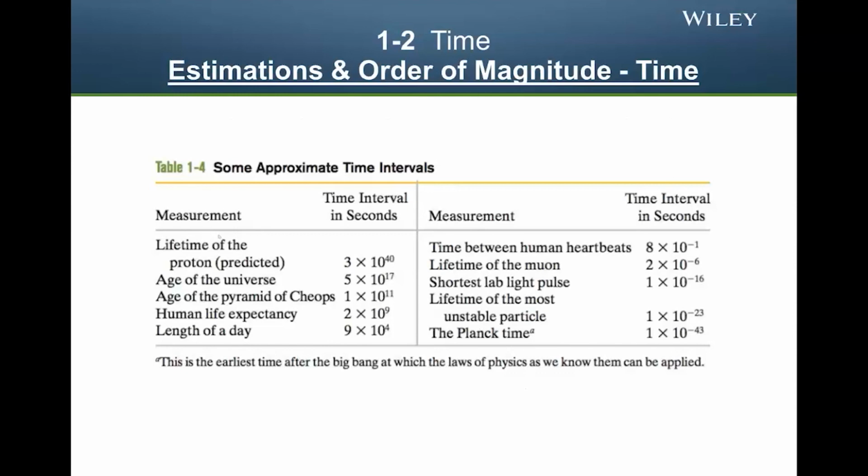Then you have some of the larger numbers: the age of the universe, the lifetime of a proton, if you don't destroy it, or rather, if it doesn't get changed into something else. That gives you some combinations of scientific notation, orders of magnitude, that kind of thing.